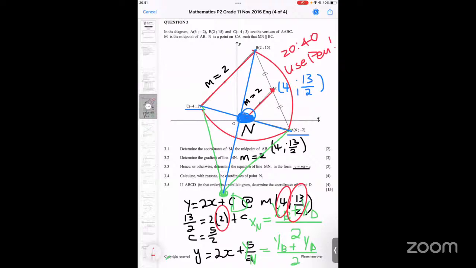Yes, sir. And then it's 8, so that means 13 minus 8. Ethan, it looks like it's an error on my side. Let me quickly correct that and say minus 8.